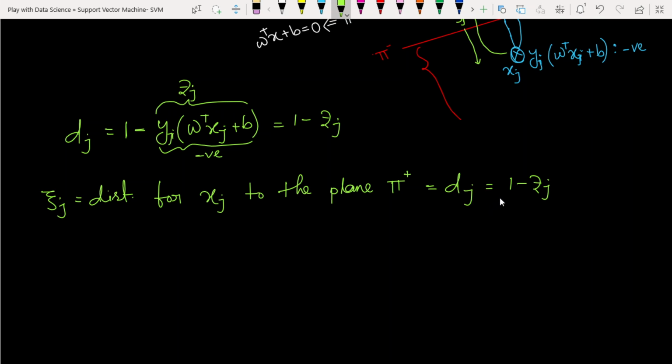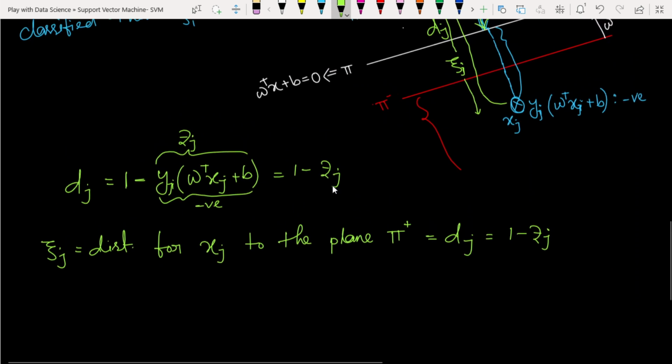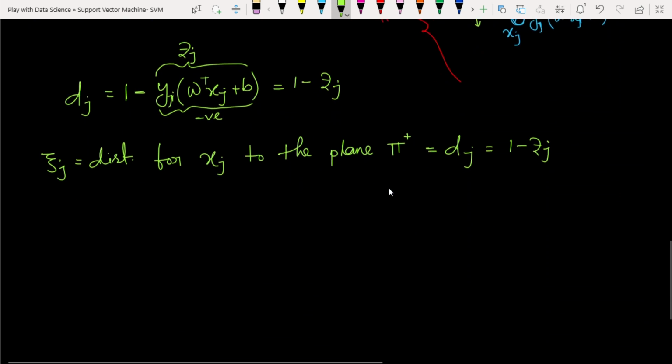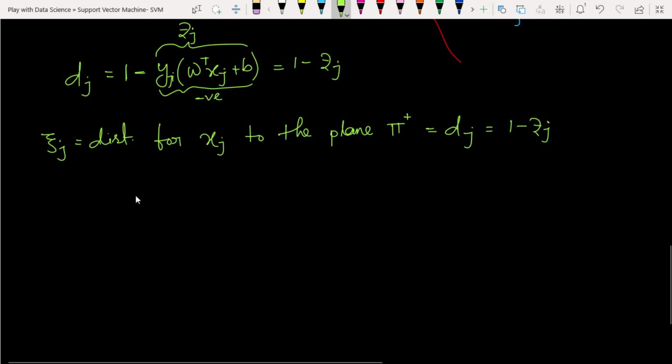We have already discussed this in soft margin SVM, I am just repeating it. So zeta j will finally be 1 minus zj.